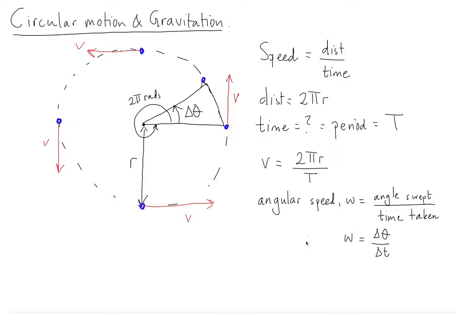So the angular speed is going to be the total angle swept, which is 2 pi, over the total time, which is still T, the period. So we have this expression for the angular speed, which you might remember from the waves chapter.